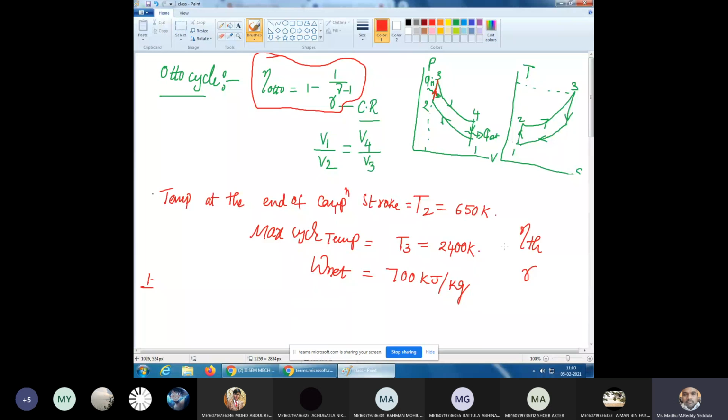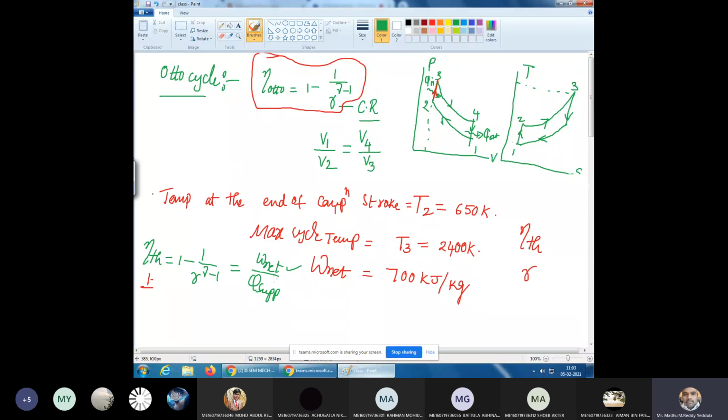So thermal efficiency is equal to 1 minus 1 by r power gamma minus 1. This is also equal to net work done by heat supply. So in the problem W net is given. If you are able to calculate heat supplied, this is equal to thermal efficiency. Therefore, r also we can calculate.